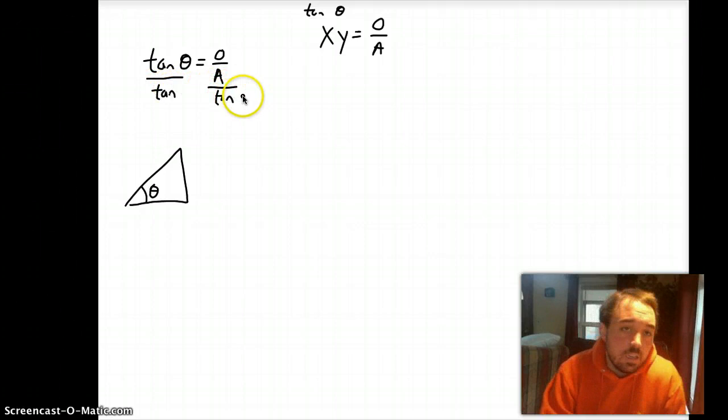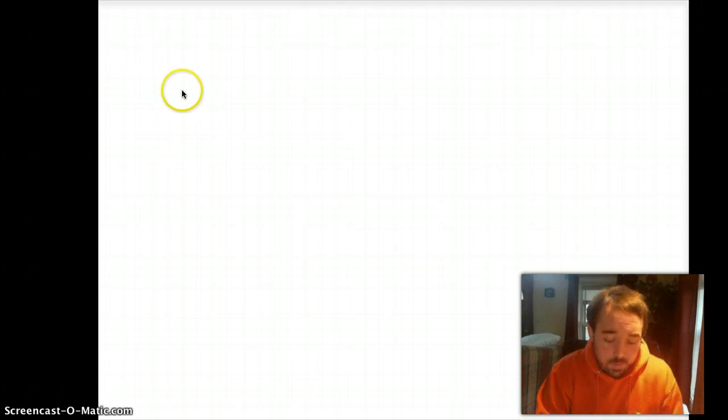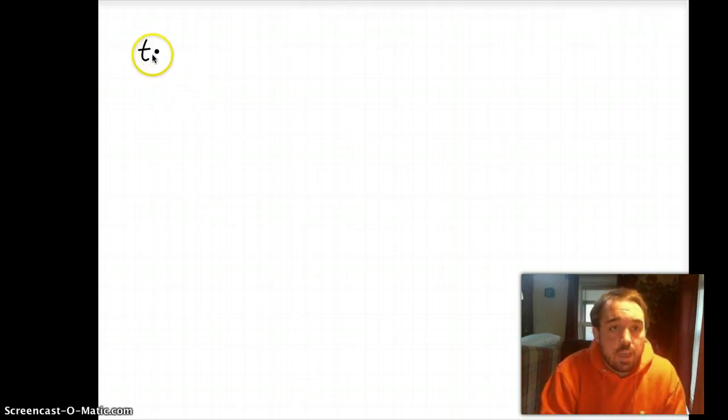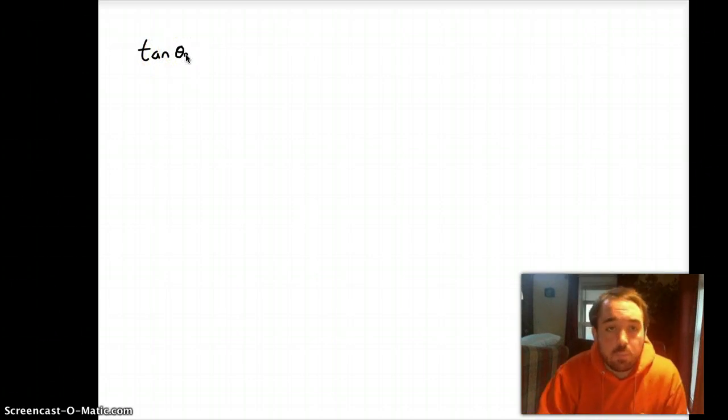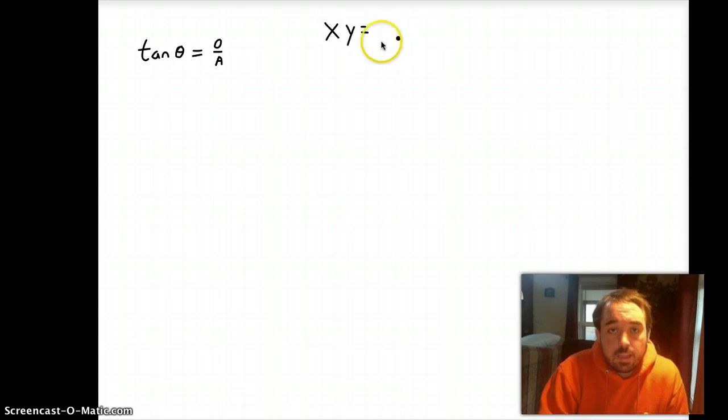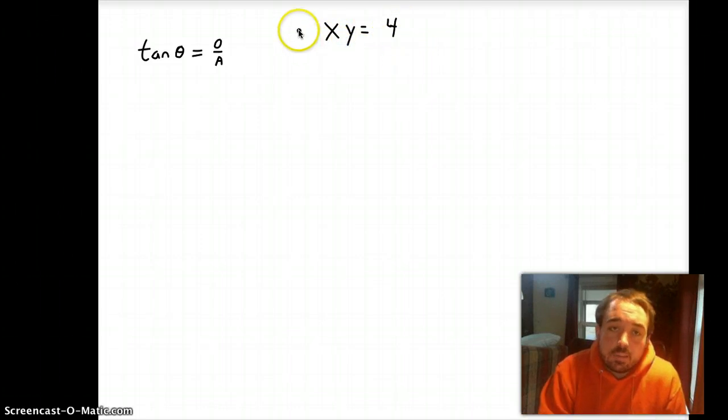But that's kind of weird. So instead, and by the way, students, if I'm going too fast, just pause it, no problem. Tangent of theta equals opposite over adjacent. If I wanted to do x times y and get x over on the other side, let's say x times y equals 4, rather than dividing by x, I can multiply by the inverse of x, x to the negative 1, on both sides.